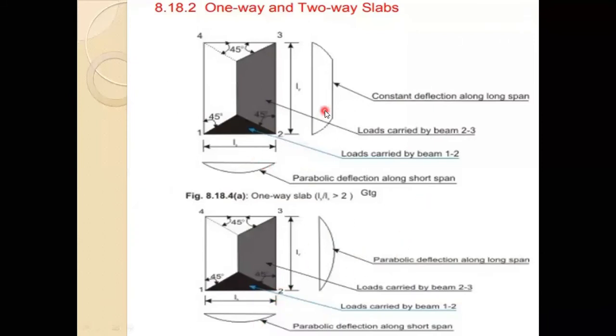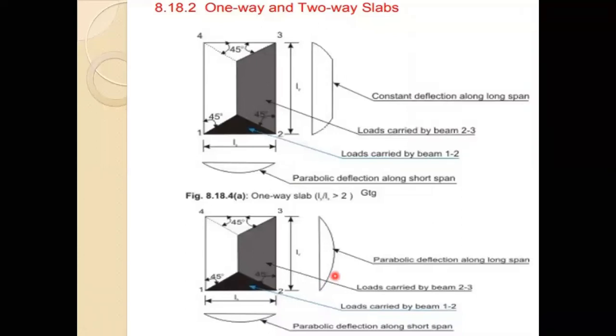In a one-way slab, what happens? Along the longer direction the deflection is constant, and along the shorter direction it is varying in a parabolic manner. But in a two-way slab, the deflections at the longer span as well as at the shorter span are both parabolic. So in this case the deflection is not constant at each and every point. As you move forward, your deflection is going to change.